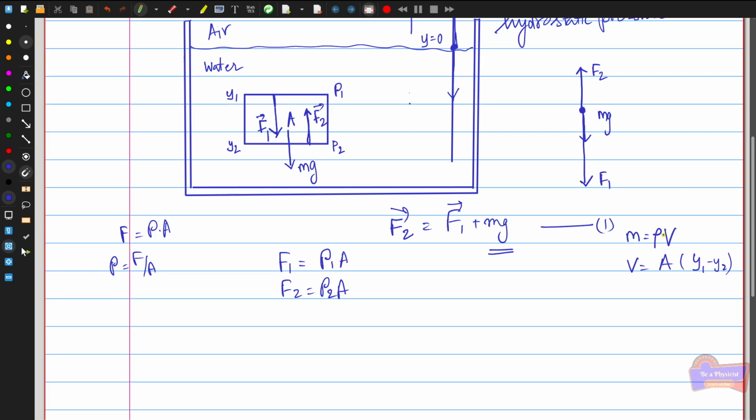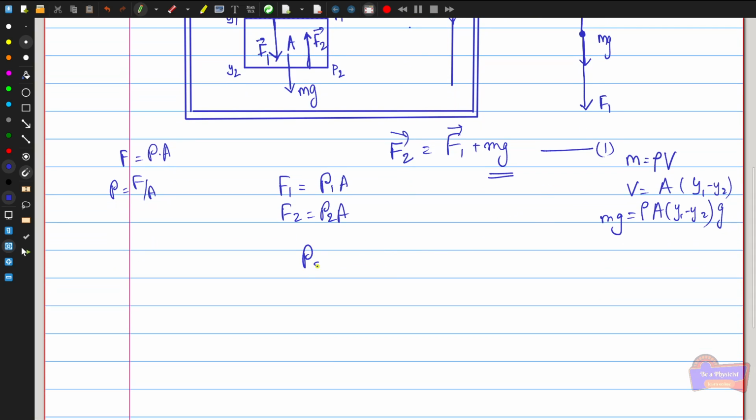Now I can substitute the F1, F2 and mg values in this equation. So P2A equals P1 times A plus rho A g times (y1 minus y2).